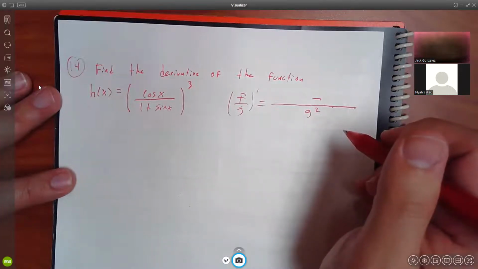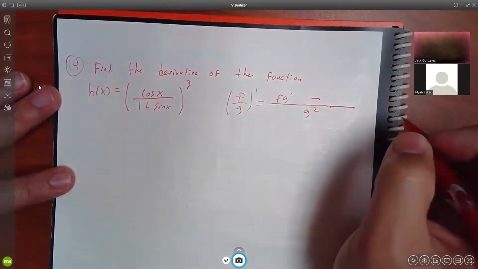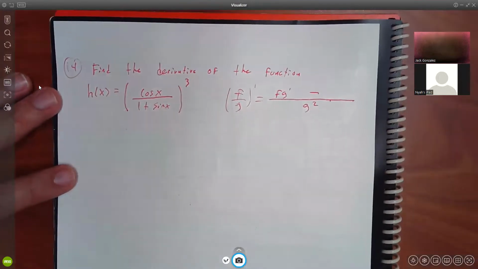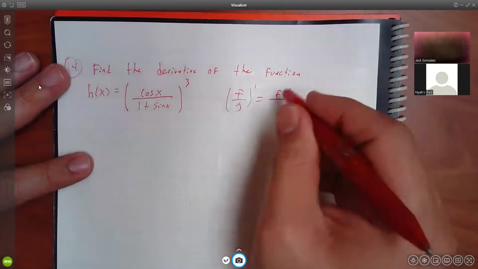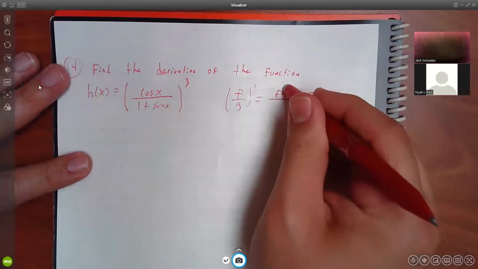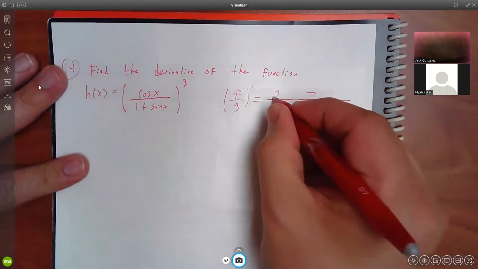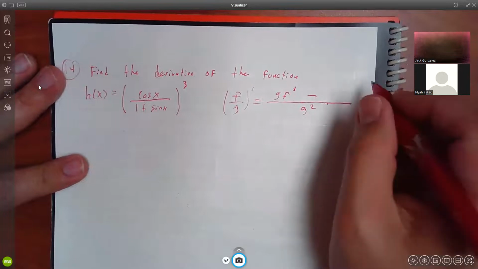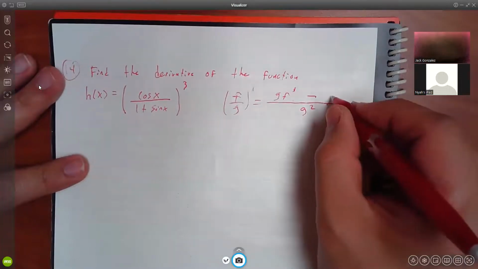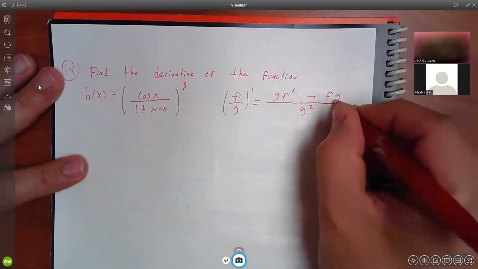It's like the product rule on top, with a minus. I thought it was F prime times the regular G. Yeah, that's fine. I don't like the quotient rule, so I avoid it by forcing the product rule.